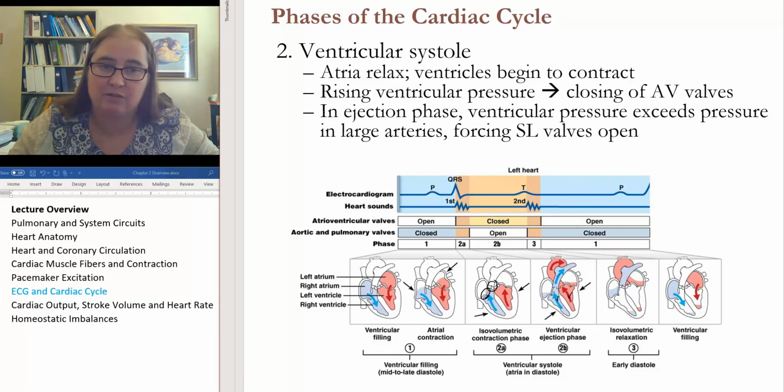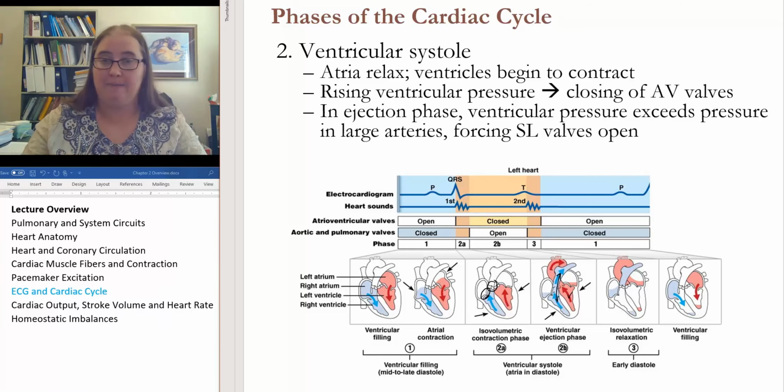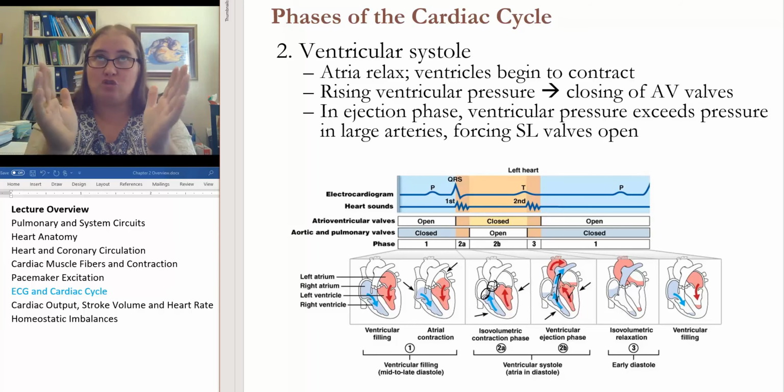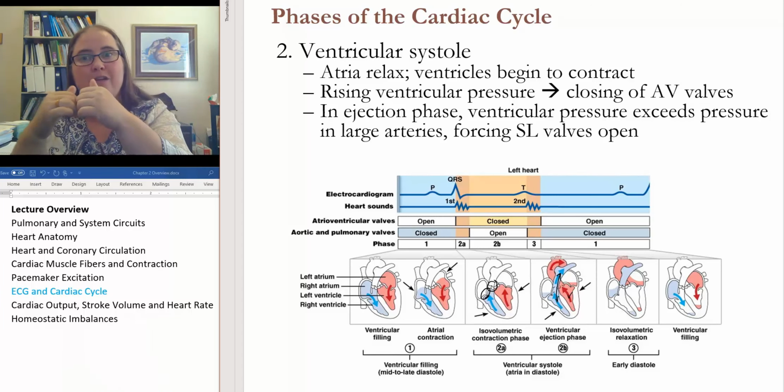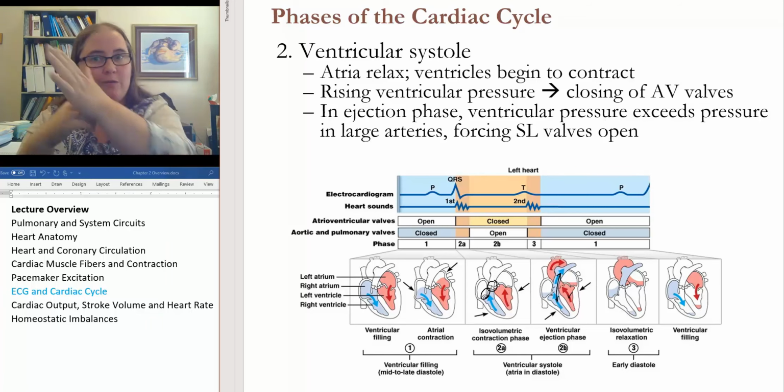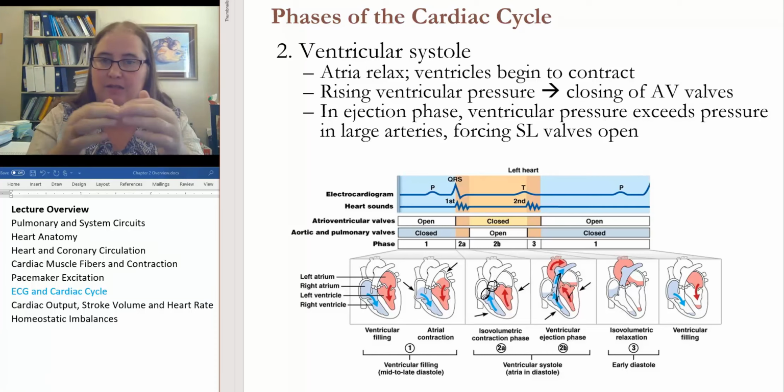Let's think about this for a second. Don't even look at the image. If the pressure of the blood inside my ventricles is great enough to overcome the pressure in the vessels, remember, my AV valves are still closed.